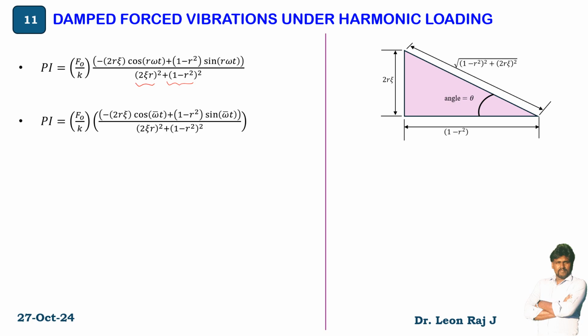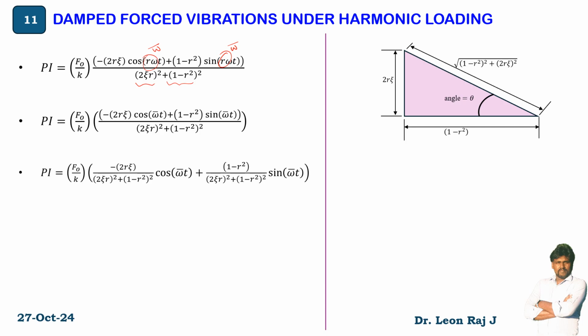So here this r omega and r omega is replaced with omega bar. So you are rewriting it as f0 by k minus 2 r xi cos omega bar t plus 1 minus r square sine omega bar t.